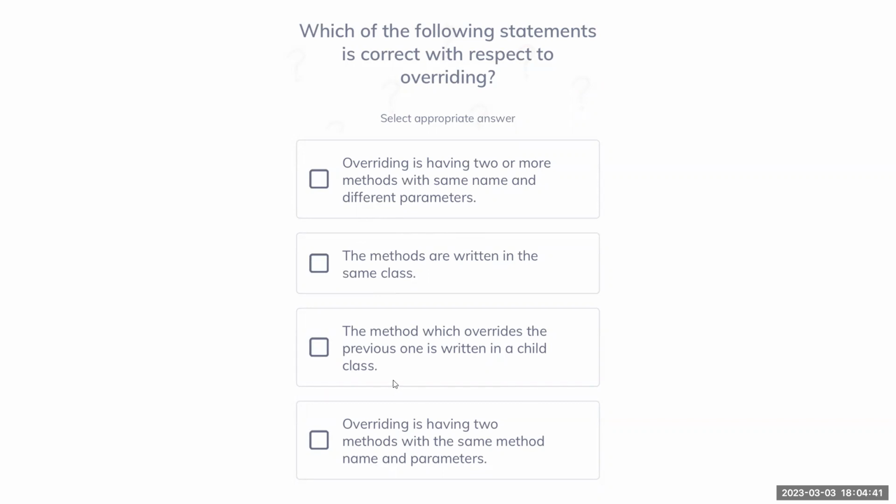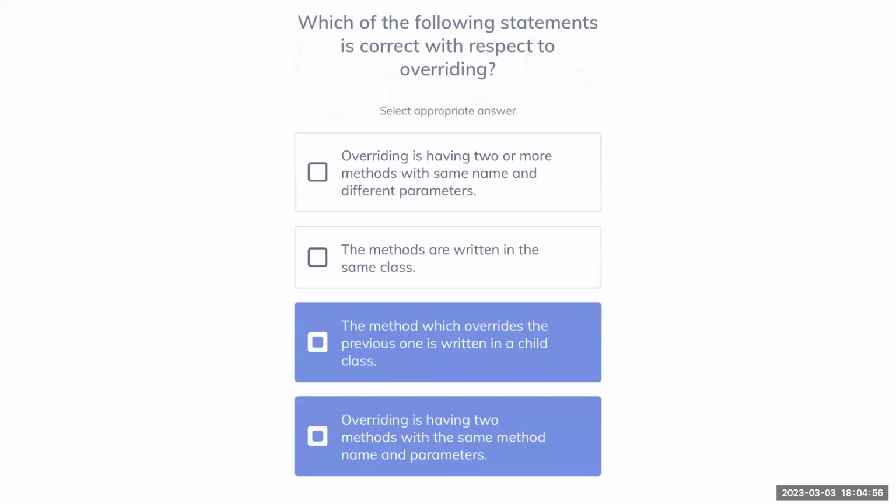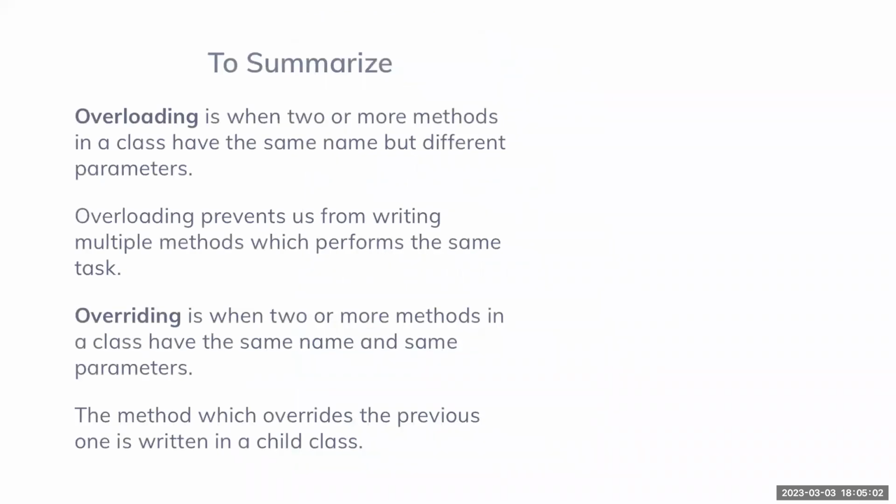The third one, the method which overrides the previous one is written in a child class. Yes, this looks very similar. And the fourth, overriding is having two methods with the same method name and parameters. This looks similar. So answers 3 and 4 are correct. To summarize, what is overloading? Overloading is when two or more methods in a class have the same name but different parameters.